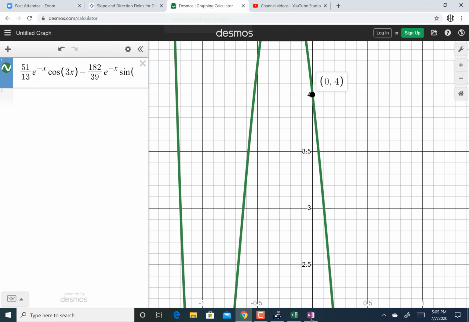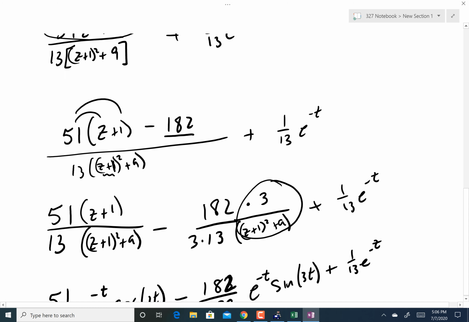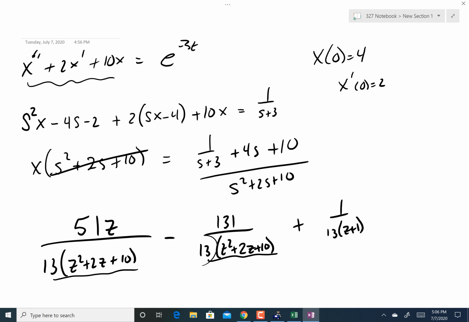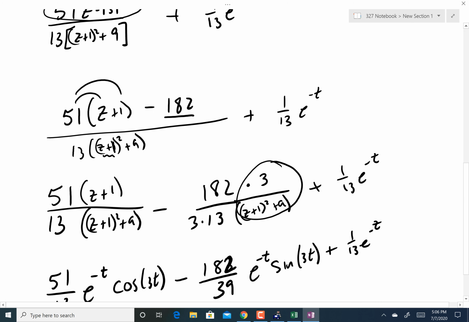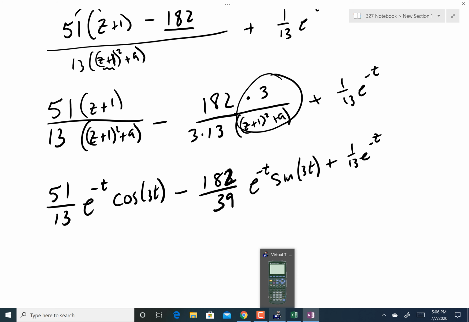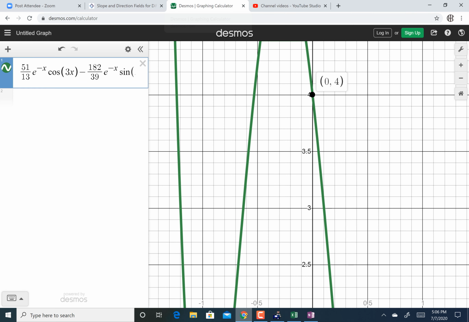What do you know? Negative 4 is my initial condition, and what was my initial slope? It was 2. Does that look like it has a slope of 2? It does not. Interesting. So we're going to have to pause and figure out why that is.